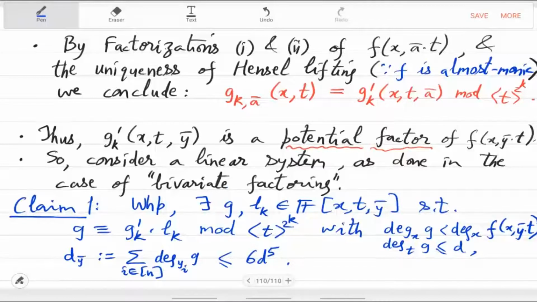We are saying that this gk prime itself may not be dividing f x comma y bar t, but there is some multiple of it which can be found by solving a linear system, where the degrees are like this. The degree with respect to x is strictly smaller than that of f, the degree with respect to t is less than or equal to that of f, and the individual degrees of g with respect to yi sum up to this 6d5.